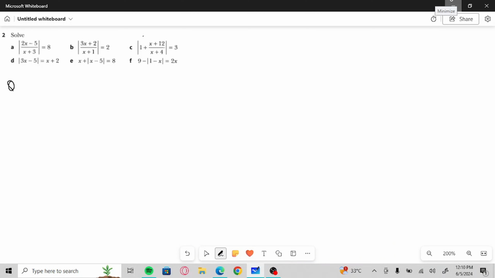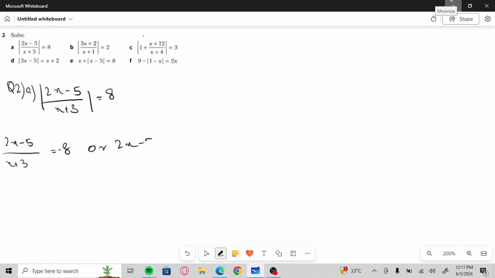Okay, for question number 2, we have part A, which says that the modulus of 2x minus 5 divided by x plus 3 is equal to 8. Thus, we would say two possibilities again, 2x minus 5 upon x plus 3 is equal to negative 8, or 2x minus 5 divided by x plus 3 is equal to positive 8.